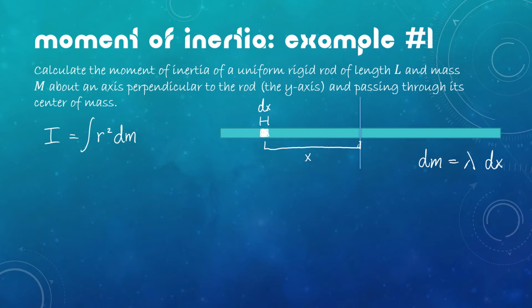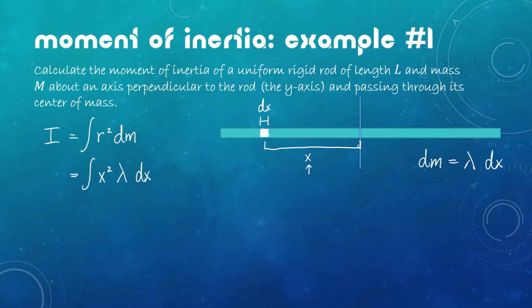So mass is uniformly distributed throughout the rod. And so subbing that in for dm, instead of using r in this case, I'm going to use x squared, since I defined x to be the distance from where the little piece of mass was located to the axis of rotation. And then I'll sub in lambda dx.